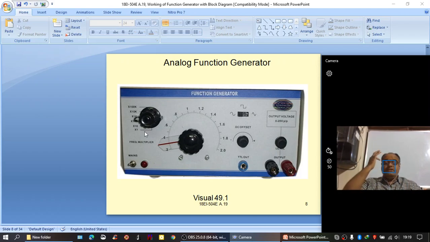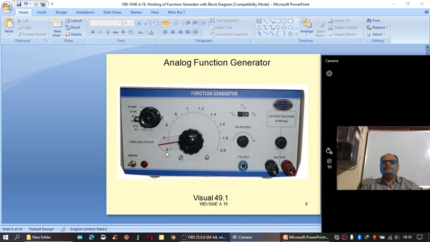For example, if the range of the frequency is selected to be multiplied with 1, in that case, the output signal frequency is varied from 0.2 Hz to 2 Hz. Suppose if the function switch is selected to multiplied with 10 place, in that case, the signal frequency variation would be from 2 Hz to 20 Hz.